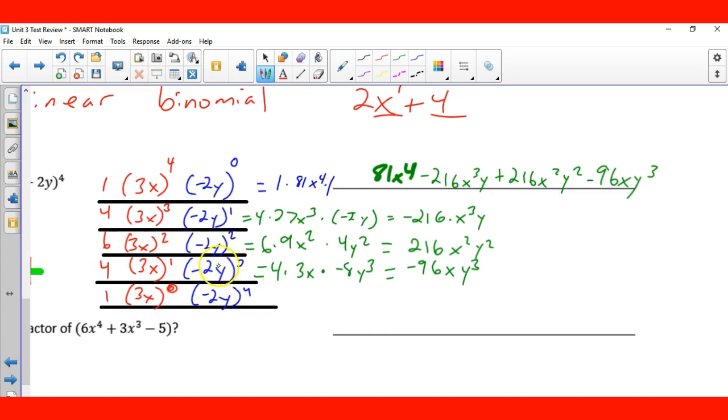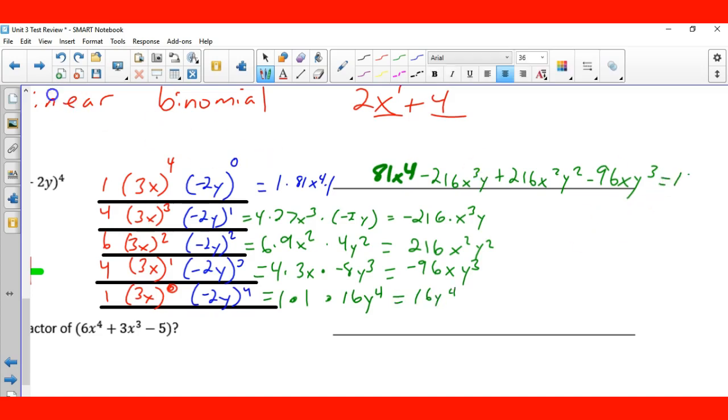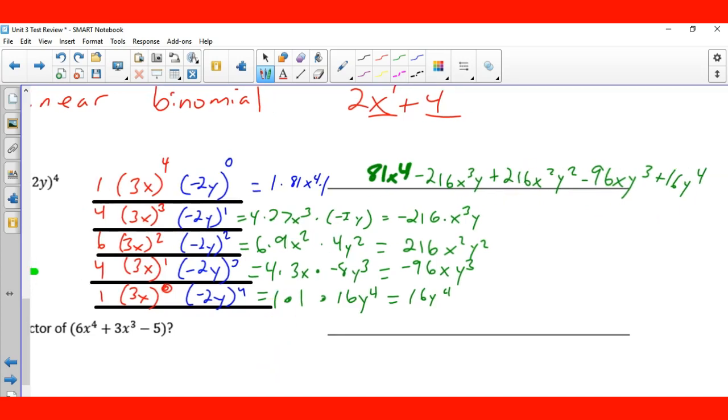And lastly, we have 1 times 1. 3x to the 0 is 1, guys. Times negative 2 to the 4th power, that's going to be 16. So plus 16y to the 4th. There we go, there is our binomial expanded right there.